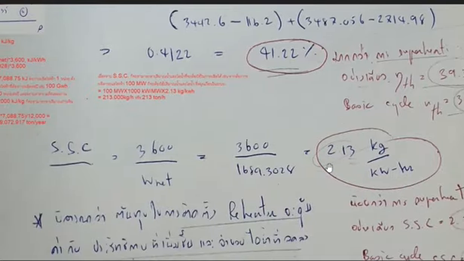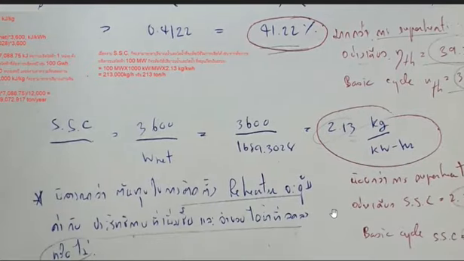We can also improve the specific steam consumption. For this example, we get a specific steam consumption of about 2.13 kilogram per kilowatt hour.